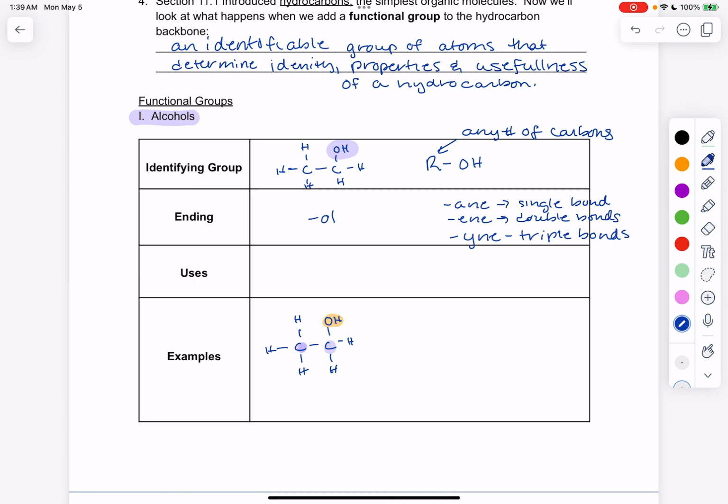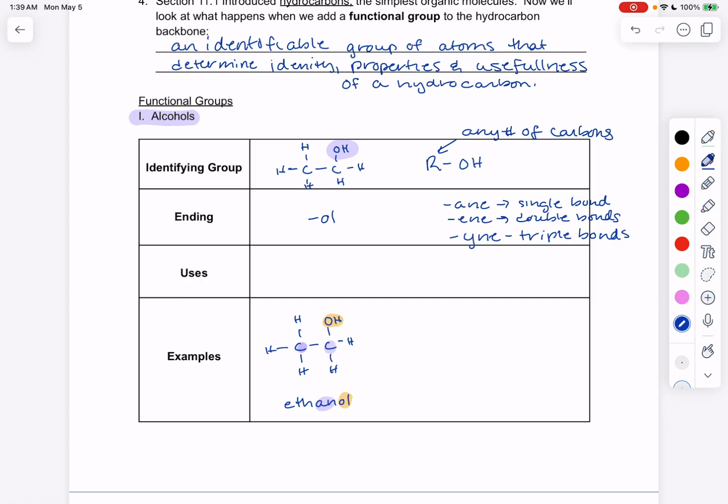It's 2, so methyl, ethyl, so ethanol. Now I notice that in this naming I have the OL for the alcohol, and then AN is for the fact that there are no double bonds. So ethanol is that one.